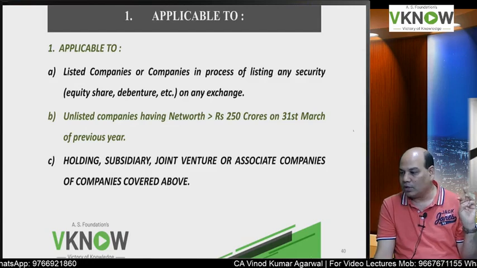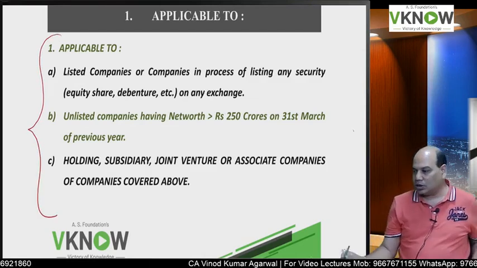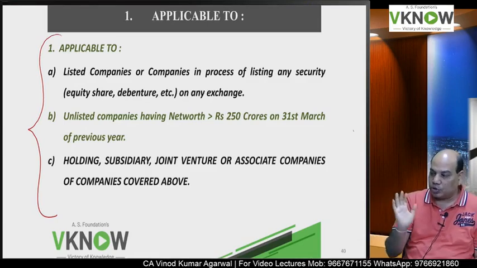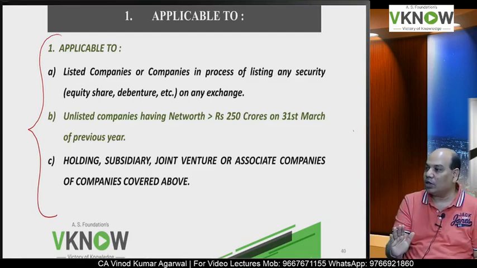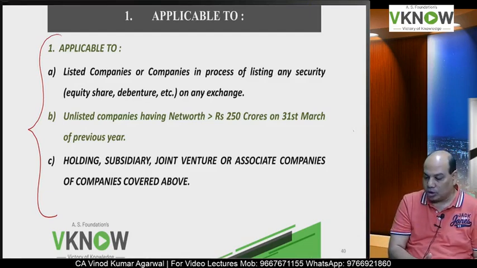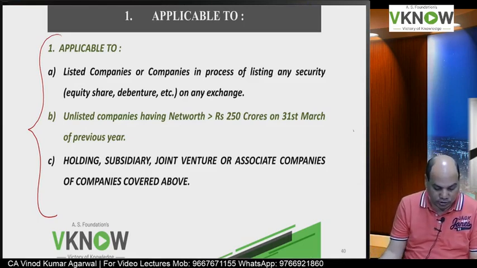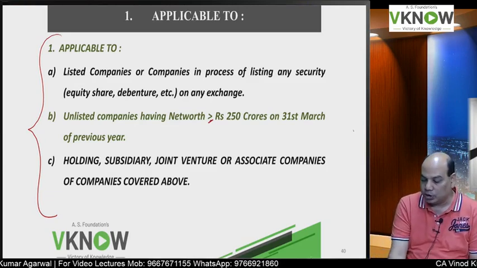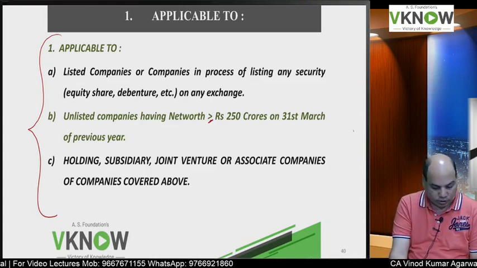So in short, I will remember as on date, really speaking, only this much should be given in the notes: as on date, listed companies or companies in the process of listing any security, whether debt or equity, on any exchange, whether in India or outside India, and unlisted companies whose net worth is greater than or equal to 250 crore on the 31st March of the previous year. Can you see that?